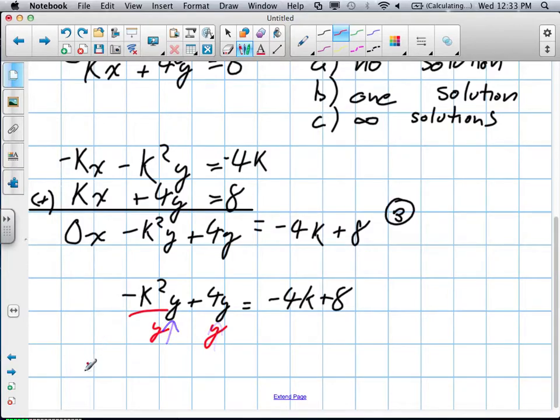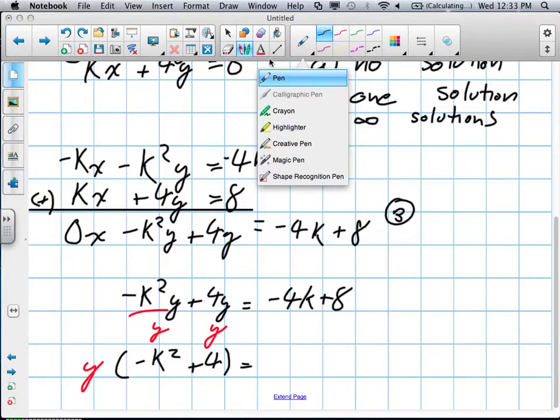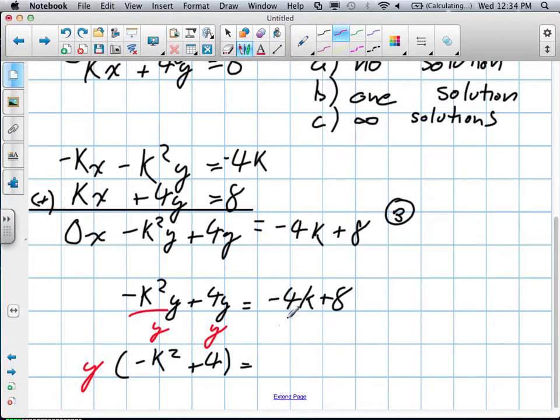So y is going to come to the outside, and we're left with negative k squared plus 4 is equal to, same thing over here, we're going to divide by negative 4, both of these numbers. That'll be our common factor. So negative 4 will come to the outside, and we'll have k minus 2.